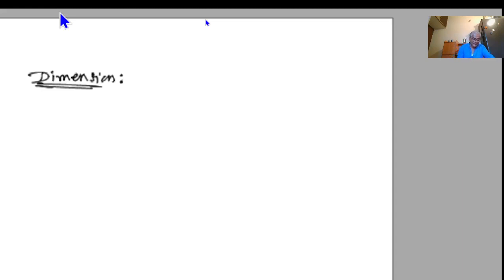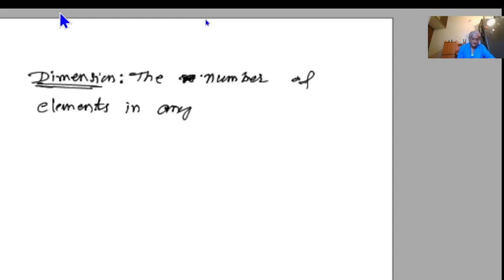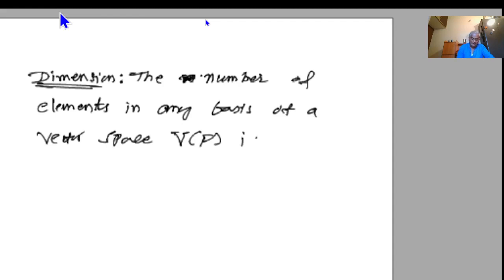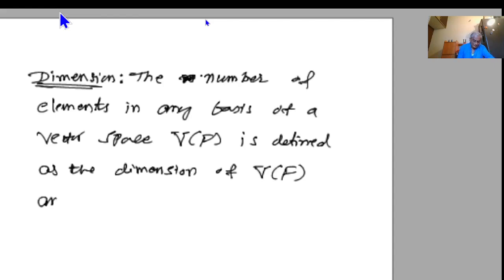Okay, that is, dimension is defined as the number of elements in any basis of a vector space V over F is defined as the dimension of V over F, and is denoted by dim of V. Okay, this is the dimension.